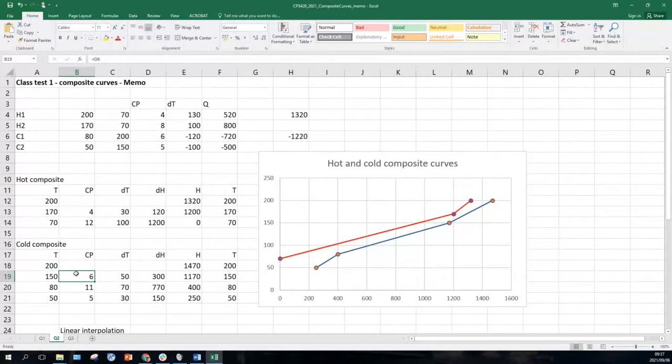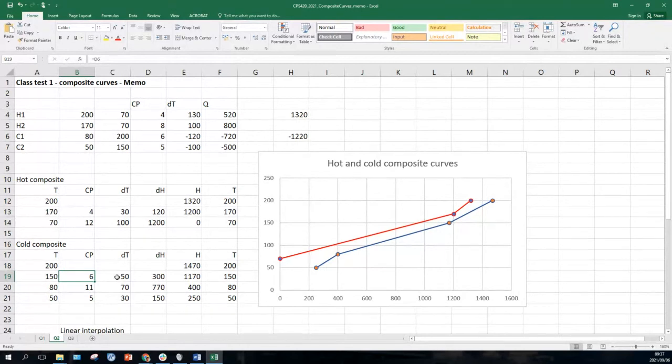So that's correct. From 150 to 80, we've probably got both streams: this stream is involved and that stream is involved. So that's 11. And from 80 down to 50 is only C2, and that's got a CP of 5.